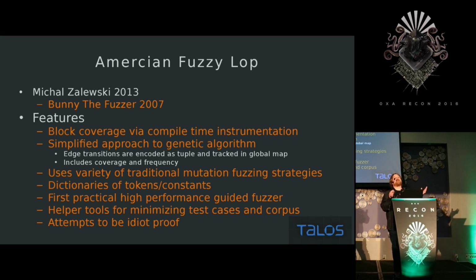So basically what this looks like is there's 64K in memory, and this is a byte map that allows you to increment offsets into that to indicate the number of times you visited a branch. The way that you determine what the offset into that byte map is, you take your previous block ID and your current block ID, you XOR them together, and then modulus 64K, that's the offset into the byte map, and you increase it every time you take a branch at that offset.